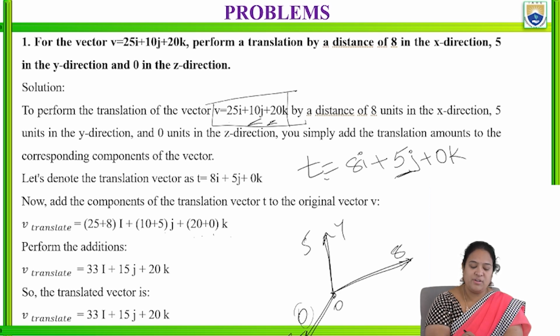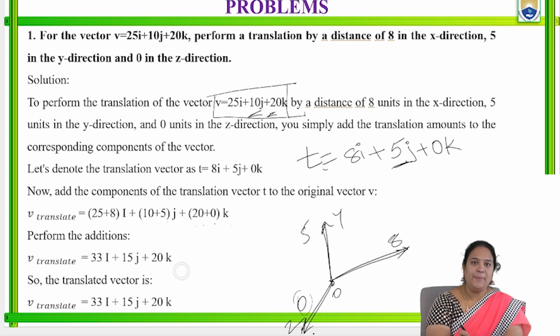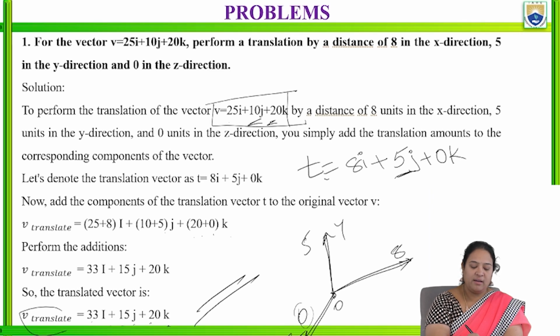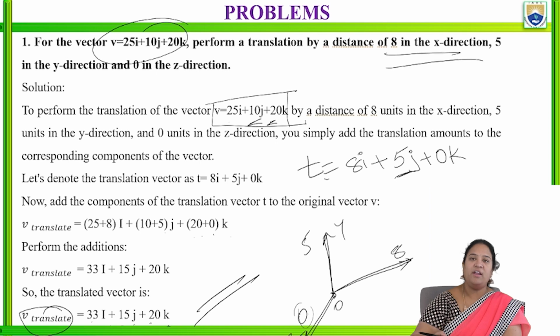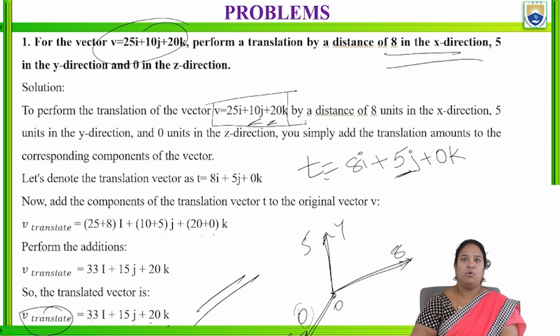When we add this, we get the translated vector as 33i plus 15j plus 20k. So the translated vector is nothing but 33i plus 15j plus 20k. Clear? This is how we calculate the translated vector for a given vector with the given units. Hope you have understood.